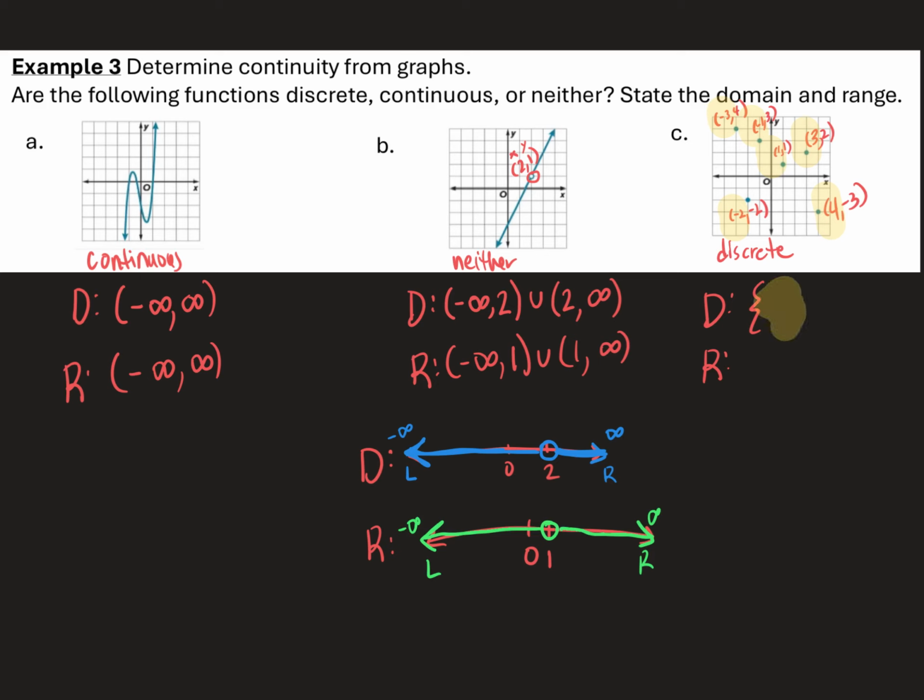The range are the y values. So let's name them, then we'll put them in order: 4, -2, 3, 1, 2, -3. So -3 is the smallest y value.